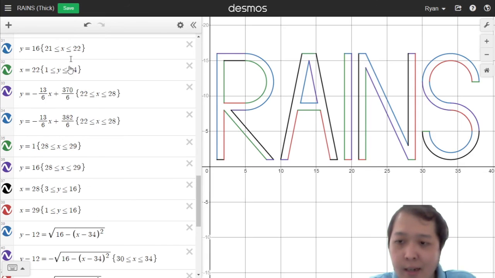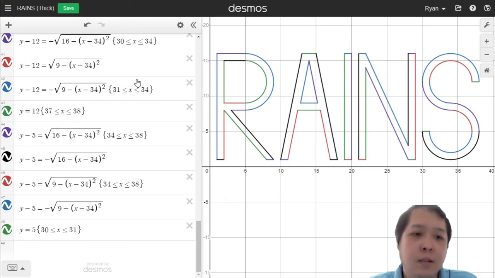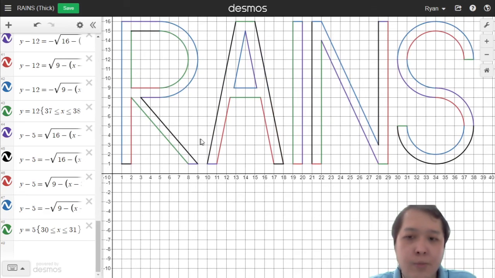It's getting uglier here. And the last page, 41 until 48 equations, a lot of circles, half circles, semicircles, quarter circles. Wow. And this one. Wow.